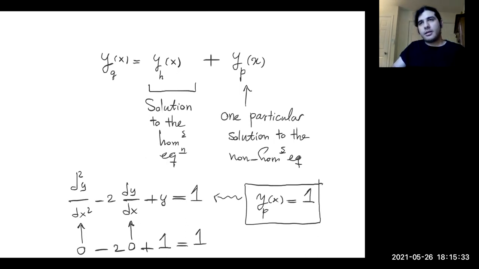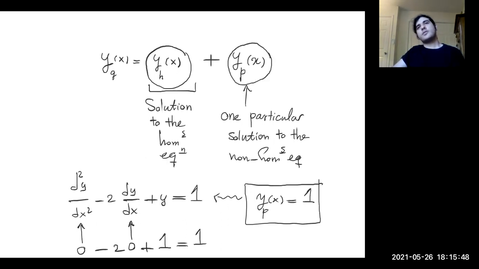Now, the general solution to this non-homogeneous equation would be the general solution we found for the homogeneous part in the previous page, plus this very specific solution we just found now, which is 1, right?